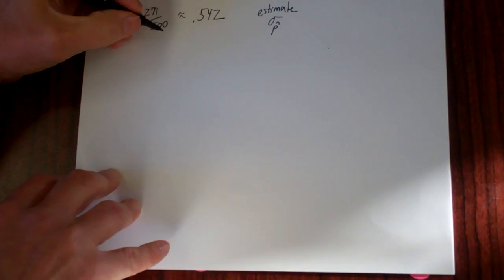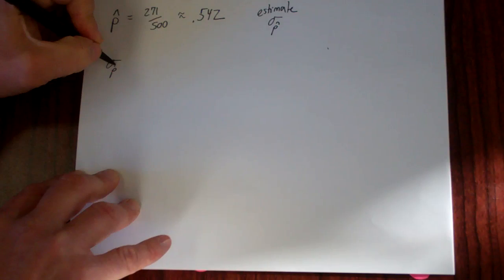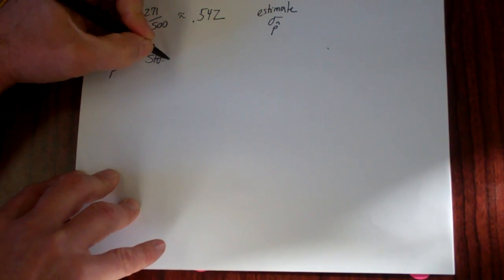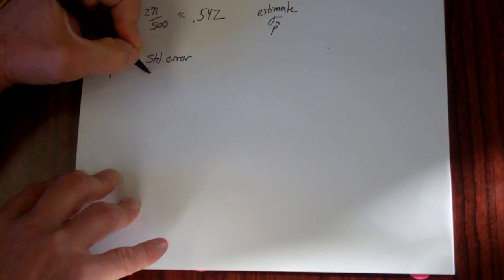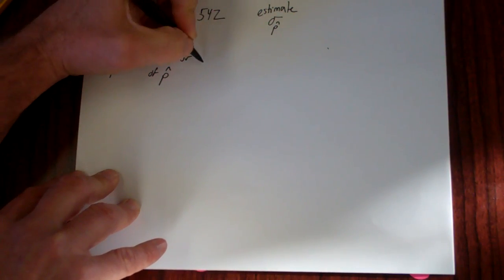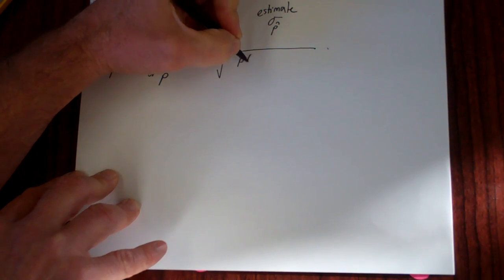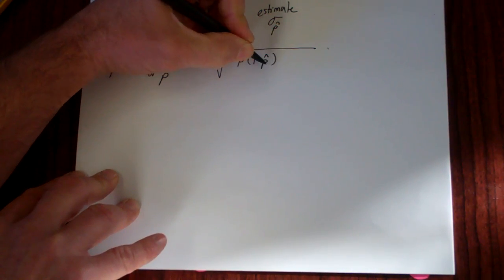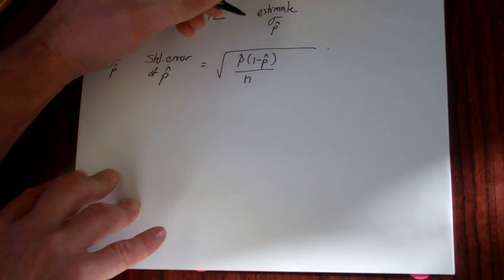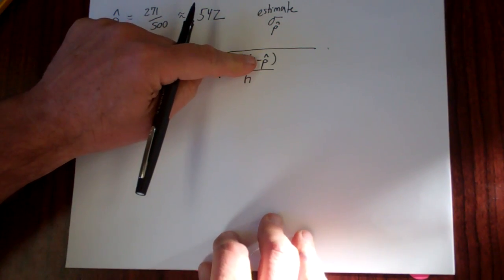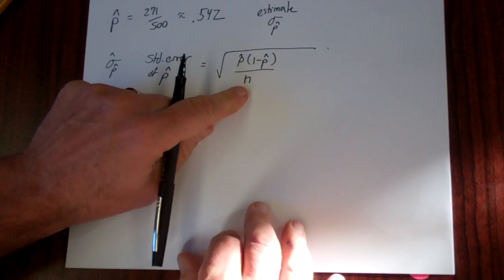Sometimes that's written sigma p hat with a hat over it, but usually you just call it the standard error of p hat. And that, in this case, is going to be the square root of p hat times 1 minus p hat over n. P hat is your sample proportion, 1 minus p hat is 1 minus p hat, and n is the sample size.